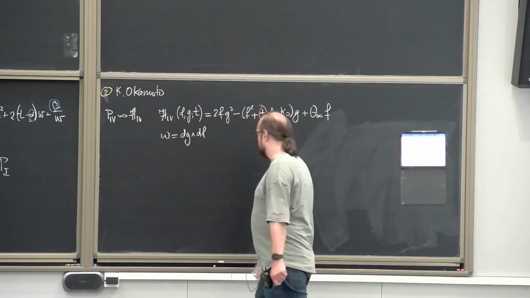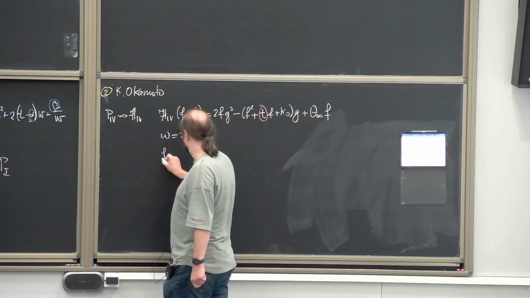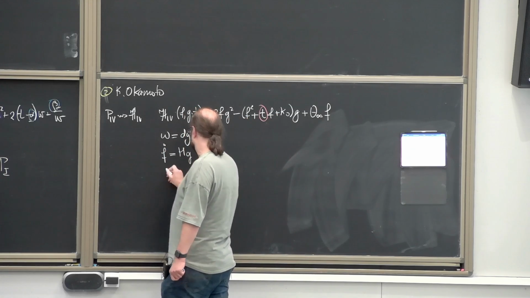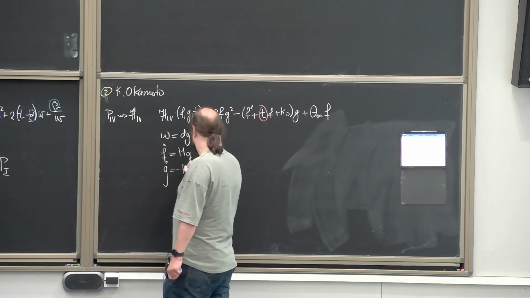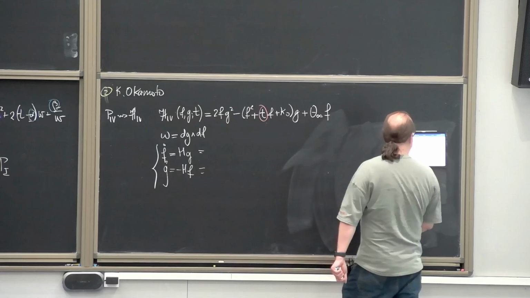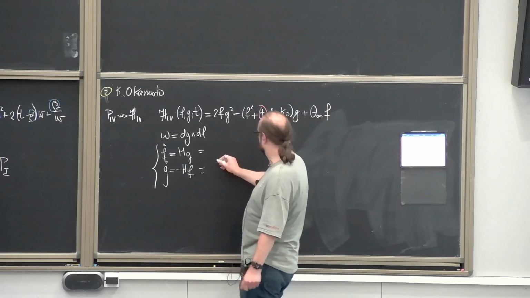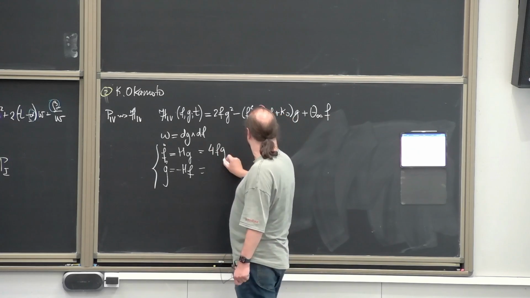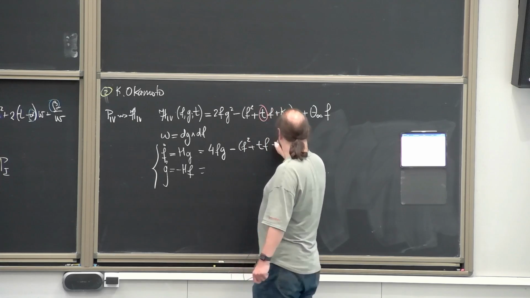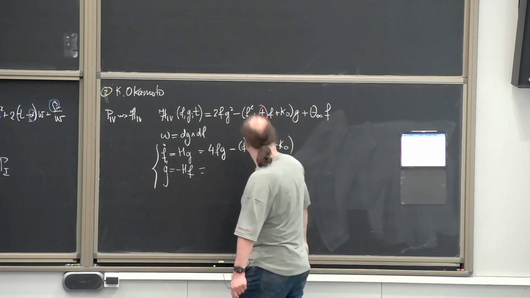It's evolving with time, but nevertheless, you can still take the standard symplectic form, df wedge dg, and generate your equations. Then you have f dot is H_g, and g dot is minus H_f. I should be able to do that. 4fg, minus f² plus... I'm just following the advice of Ned to do it in public, right?